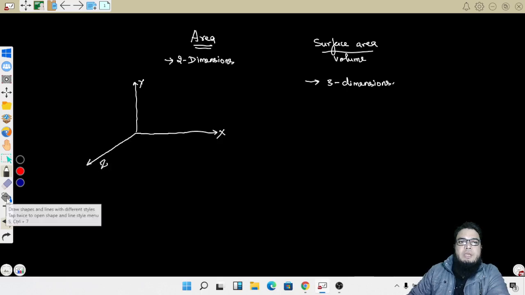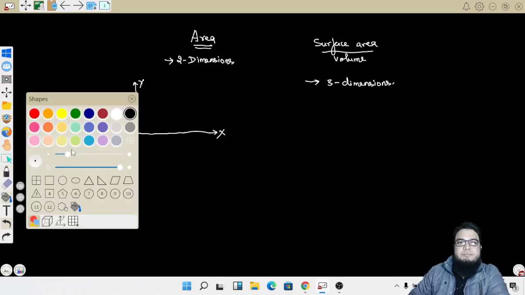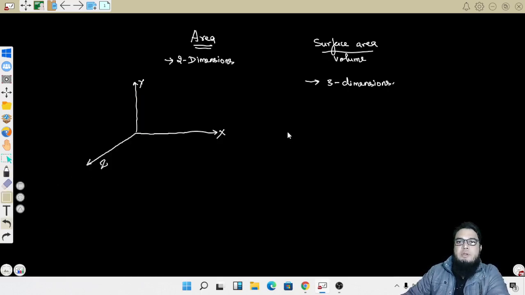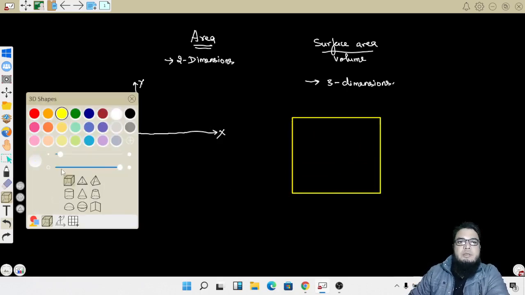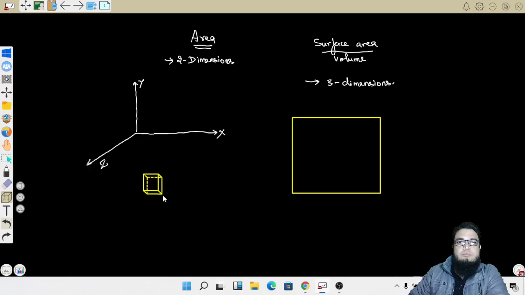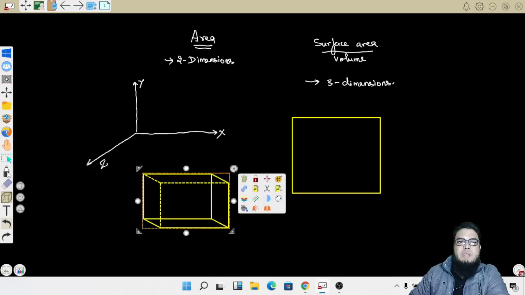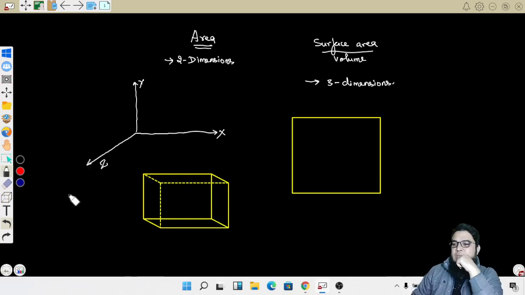Okay, now if we talk about certain figures, like as I will draw over here, for example, if I have drawn this square, and if I have drawn one cube, like this. So what you observe over here, axes like x and y, and this is the third axis, that is the z axis.